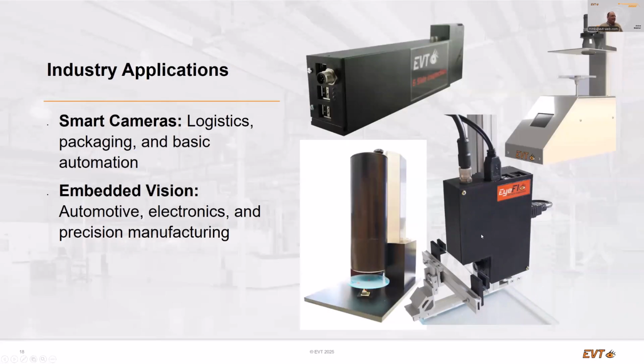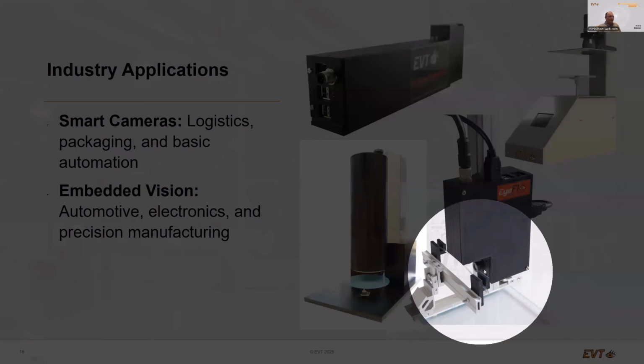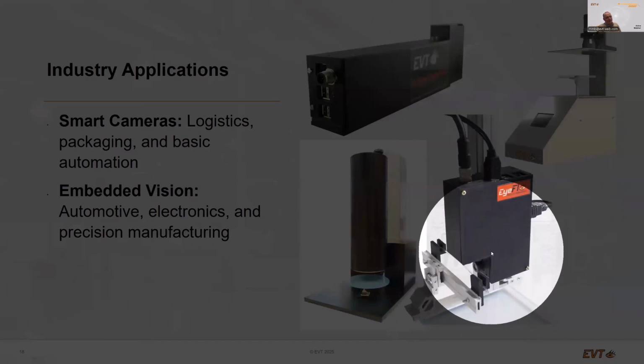And in this case, you could use effectively two smart cameras to do the task. But because these are two heads, the advantage of an embedded system where you can connect the two cameras to it makes the system cheaper than two smart cameras.